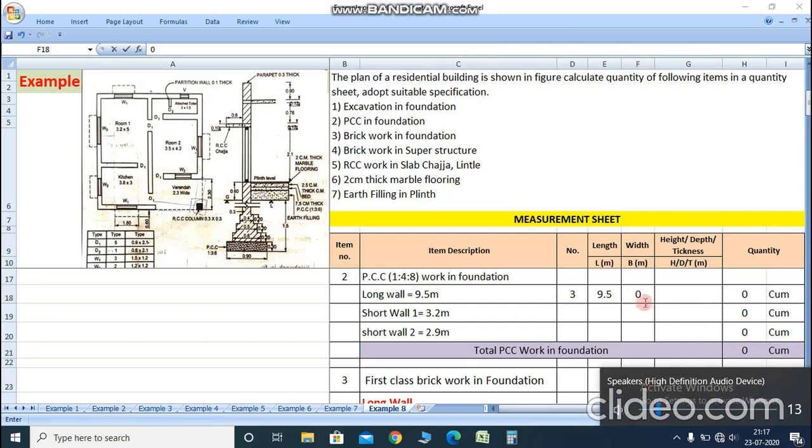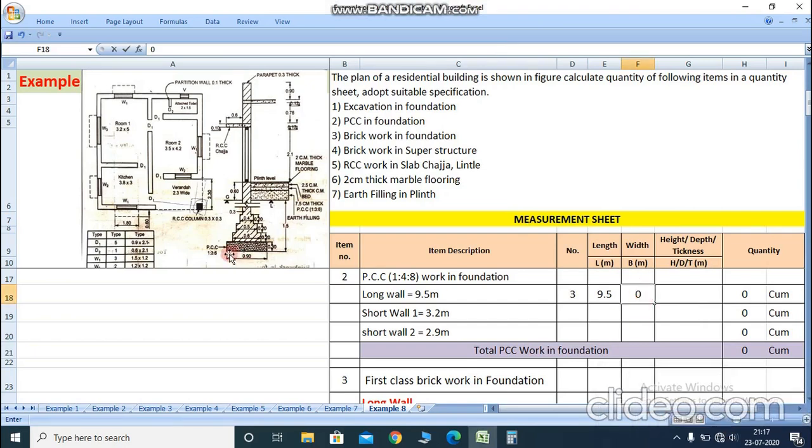Here width of the PCC is 0.9, so write here 0.9. Then after, thickness of the PCC is given in the section part as 0.3, so write here 0.3, the thickness in meter. So total 7.695, we got the answer from the multiplication of the four values. So we got the answer 7.695 cubic meter.